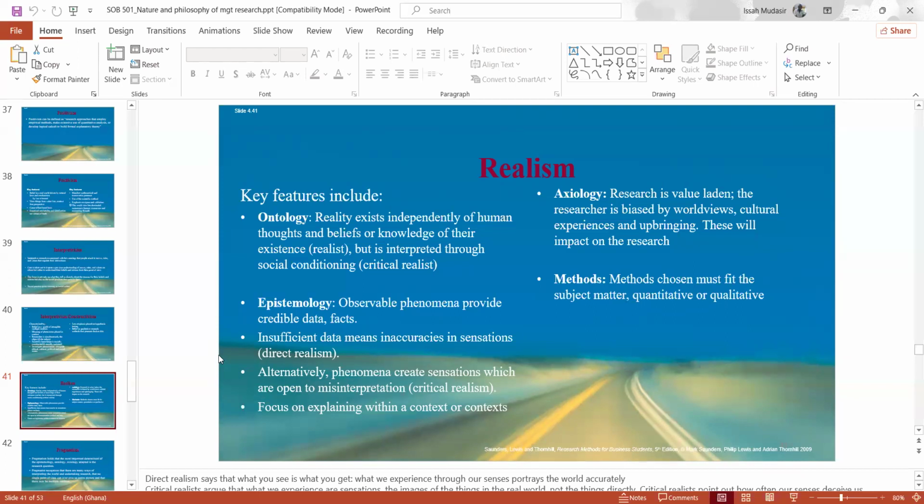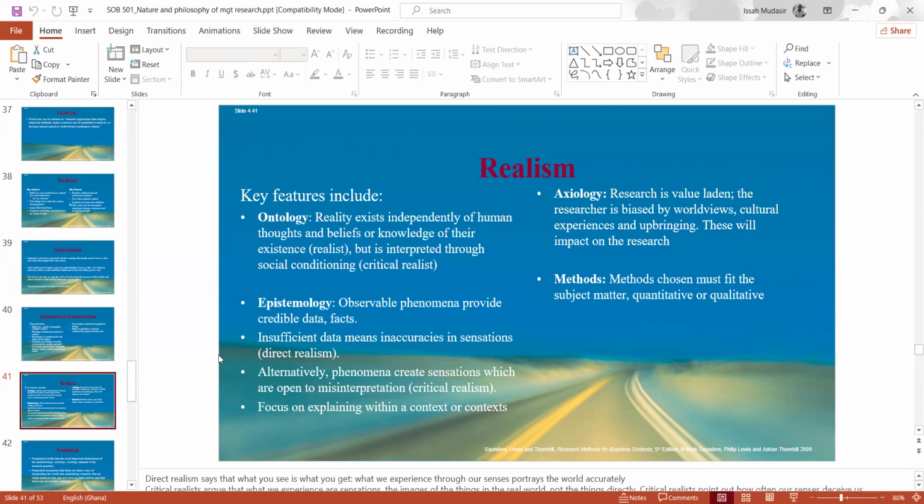So what the direct realists will say is that what you see is what you get. Okay? What your eyes can see, that's what exists. But the critical realist will say that there may be a problem with your eyes, and the eyes cannot see well, which will bring about what? Differences in interpretation.